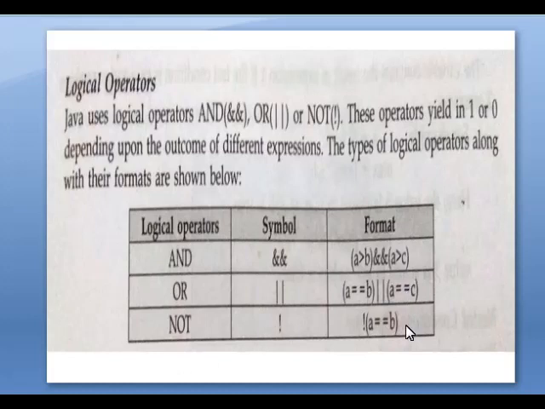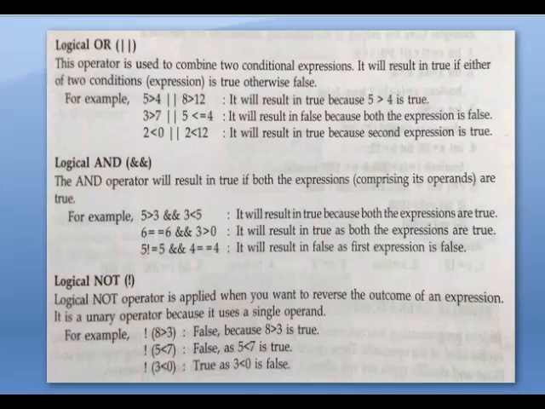Logical OR. This operator is used to combine two conditional expressions. It will result in true if either of two conditions is true, otherwise false. So if we are using the OR operator, two conditions are there. If the first condition is true and the second condition is false, we will get the answer as true.